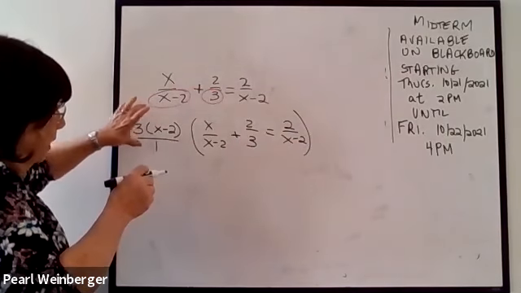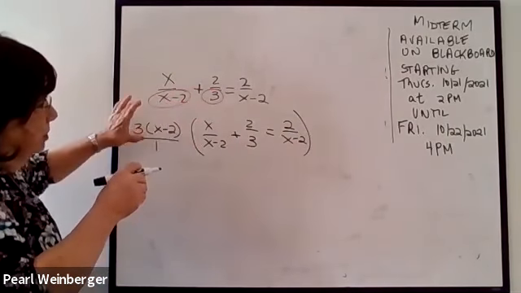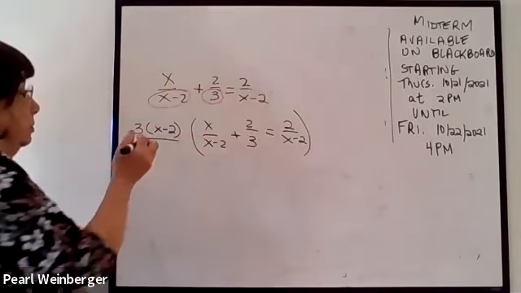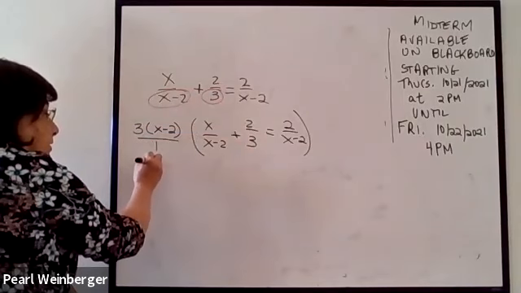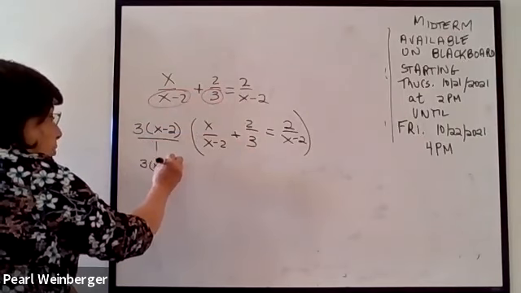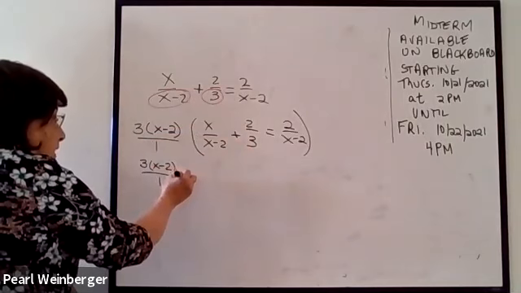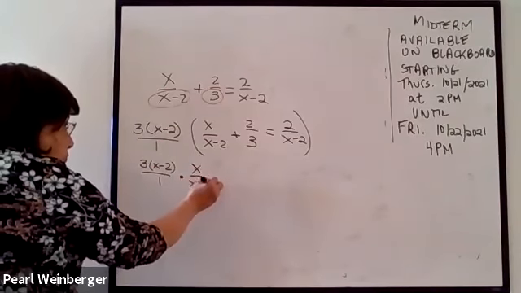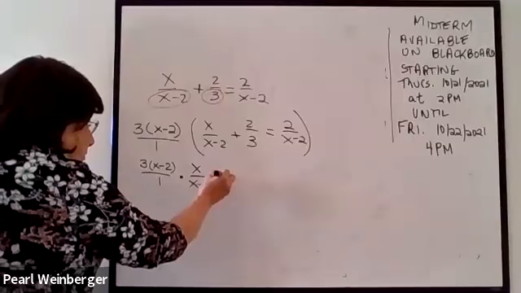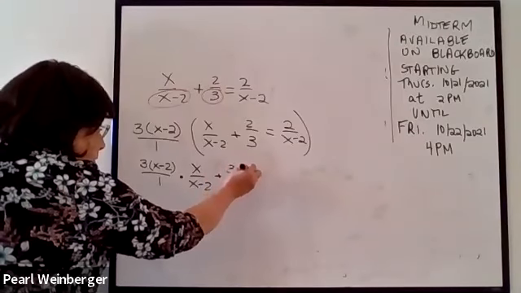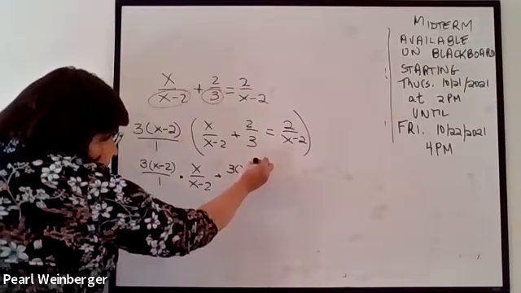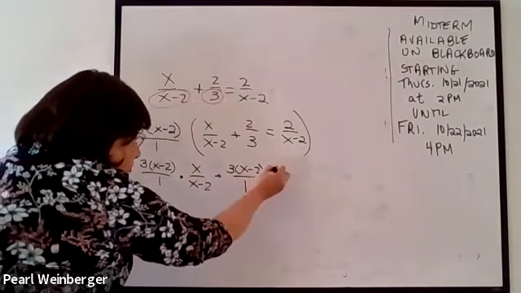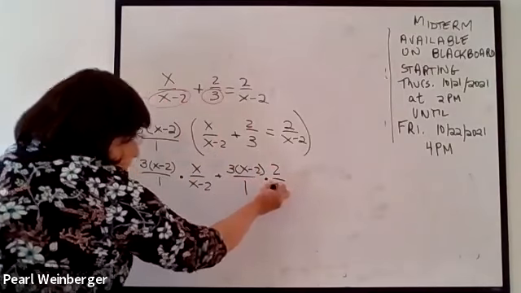Remember, again, we have to distribute this common denominator to each of the terms. So I'm going to have the 3 times x minus 2 over 1 times x over x minus 2, plus the 3 times x minus 2 over 1 times 2 over 3.